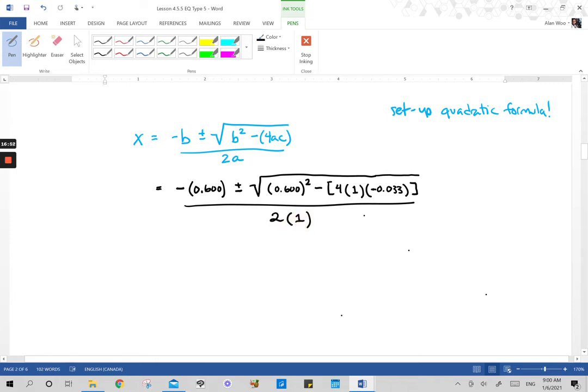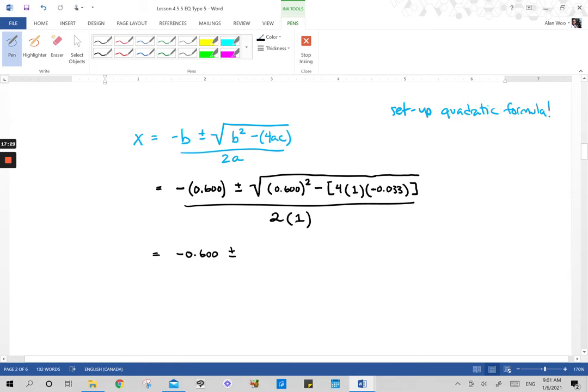Okay, so now we're going to do the math and simplify this entire calculation. Now some of you guys may have graphing calculators that have the feature of punching in your a, b, and c, and then it spits out your answer. Okay, but remember, I'm marking you based on whether you can do the work. So 0.600 plus minus.